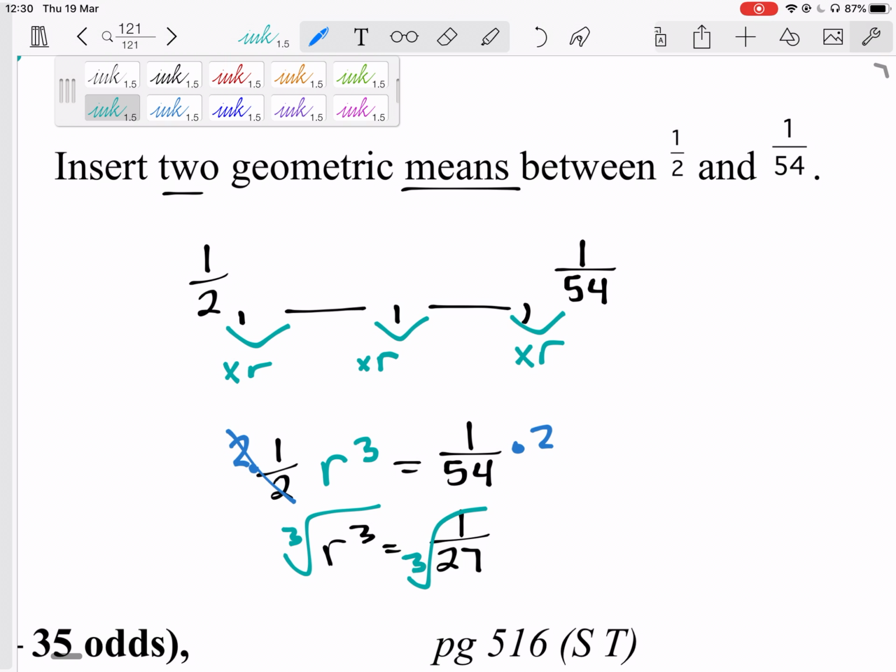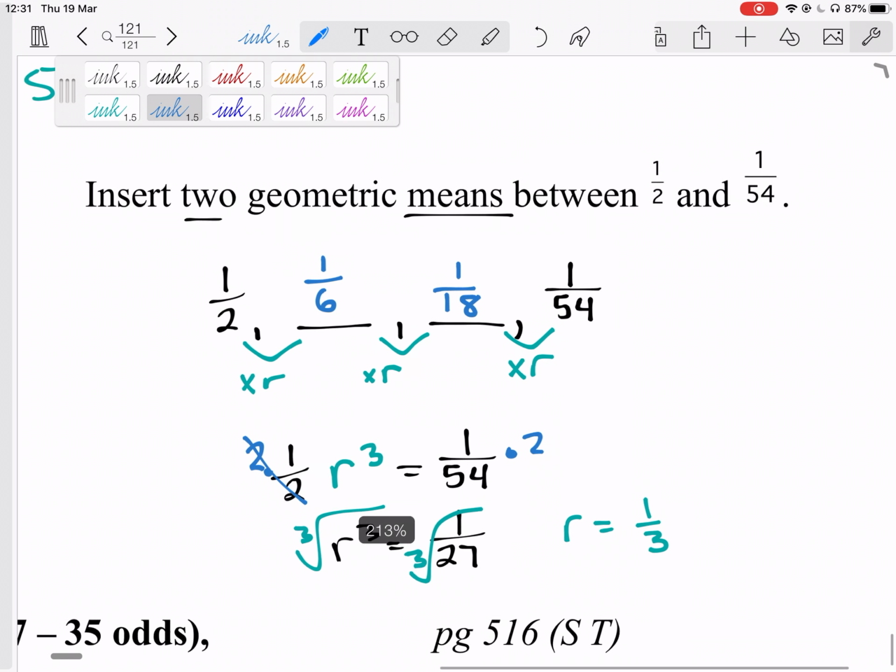The cubed root of 1/27 is going to be 1/3. So now I'm just multiplying everything by 1/3 to get from one to the next. So I'll end up with 1/6, 1/18, and I multiply 1/18 by 1/3, and I end up with 1/54.